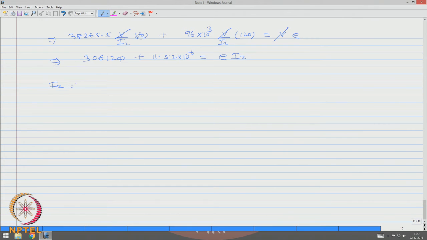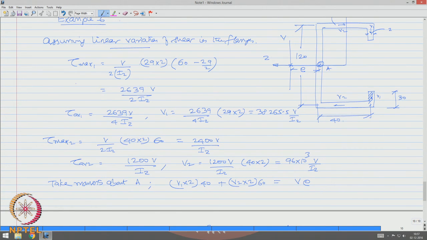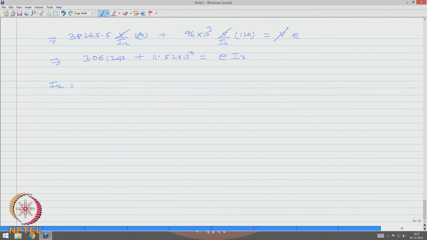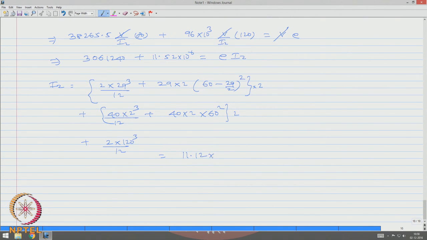So, now let us see how to compute I z quickly from this figure. I z will be 2 into 29 cube by 12 plus parallel axes theorem, 60 minus 29 by 2 the whole square, 2 such pieces, plus b d cube by 12, that is 42 cube by 12 plus A k square, 40 into 2 into 60 square, again 2 such pieces, plus of course the web b d cube by 12, which gives I z as 11.12 10 power 5 mm4.